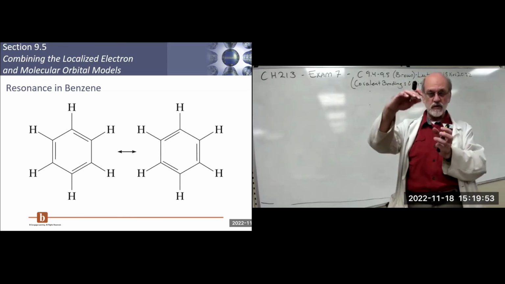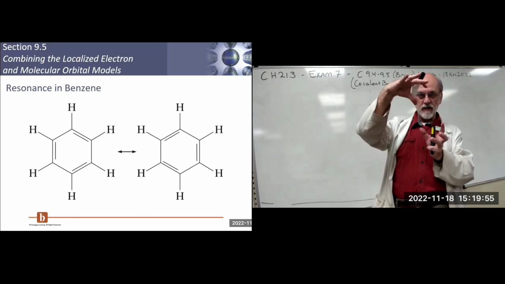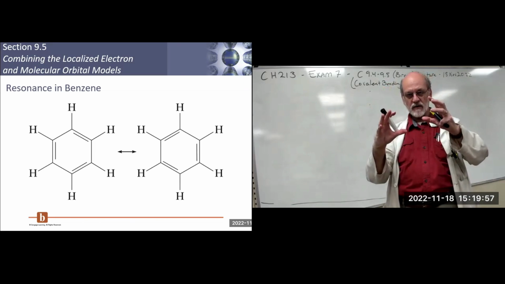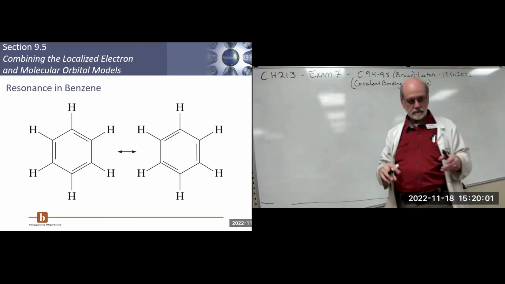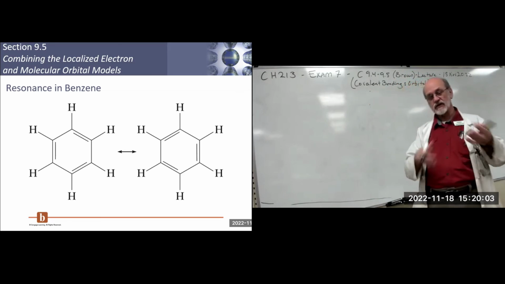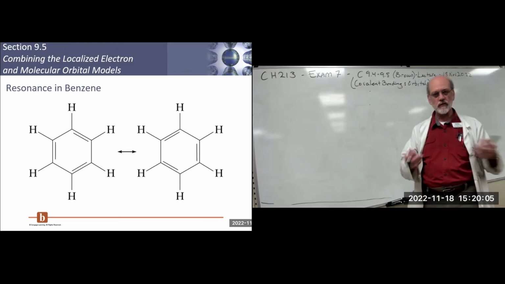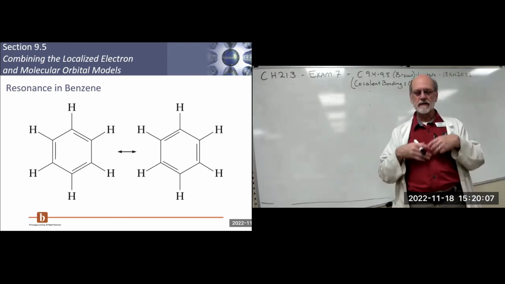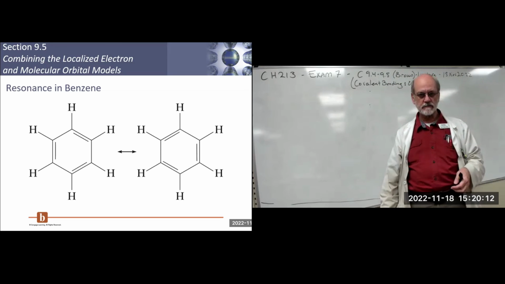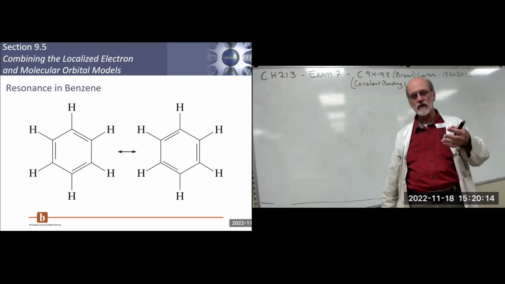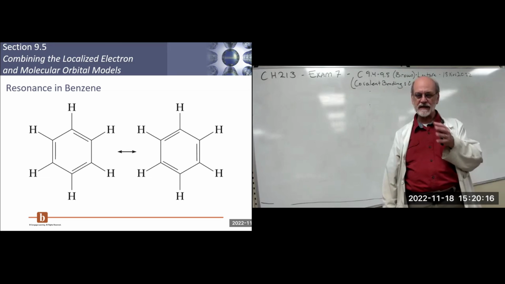Notice that all we have to do is just take all the bonds and rotate them by one position. And if you rotate them again, then you get the one that you just used. So there are really only two unique Lewis structures for this molecule in these two forms that resonate.